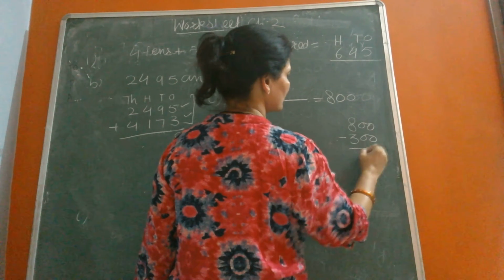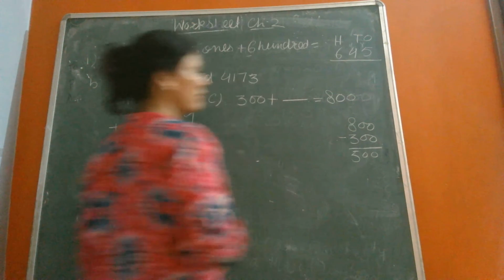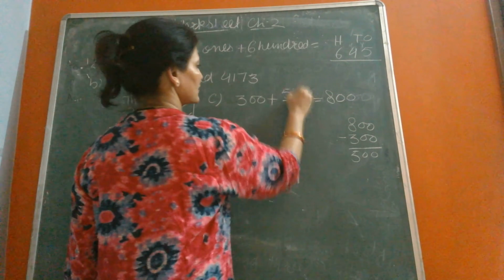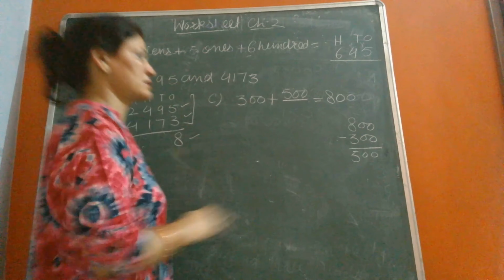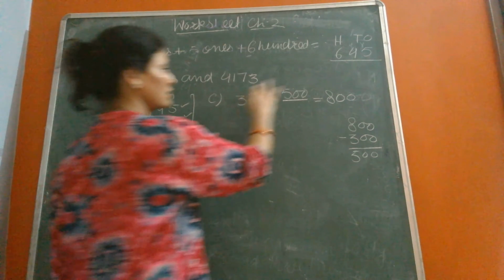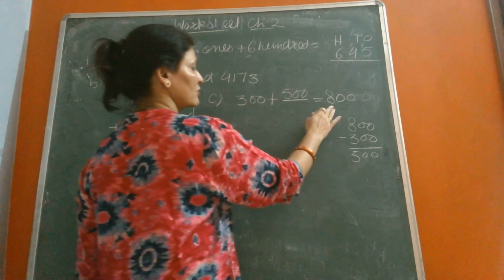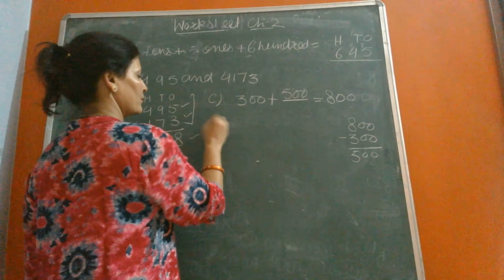So 500 is the answer. Now we will check: 300 plus 500 is 800, equal to 800.